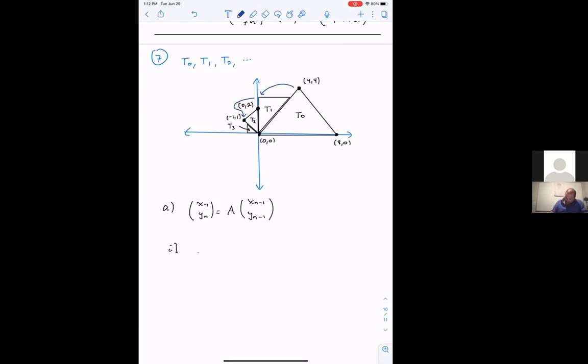So if I apply A squared to 4, 4, it ends up at negative 1, 1.